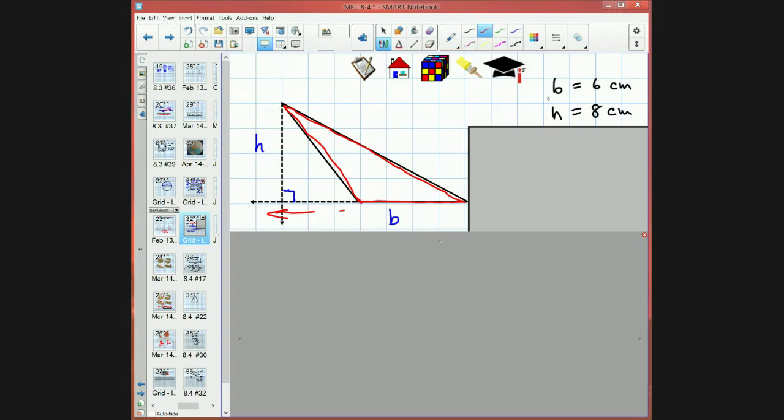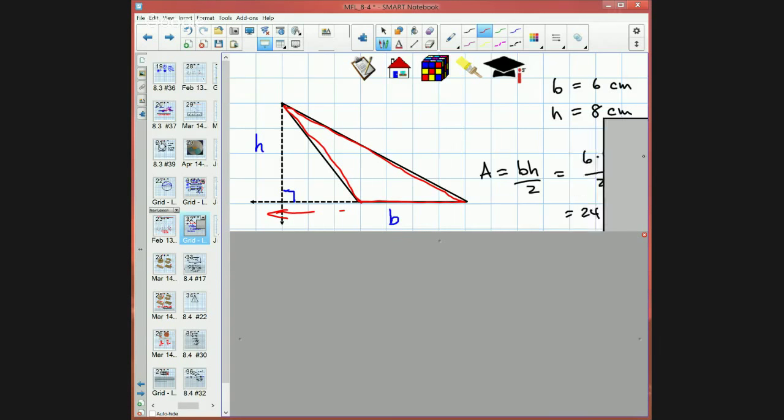And let's say in this example, the base was 6 centimeters and the height was 8. Of course we could just take base times height divided by 2. You can either multiply 6 times 8, get 48, 48 divided by 2 is 24. Or you could do some canceling, right? You could divide 2 into 6. Now you'd have 3 times 8, and you get 24 that way. Please note the label.